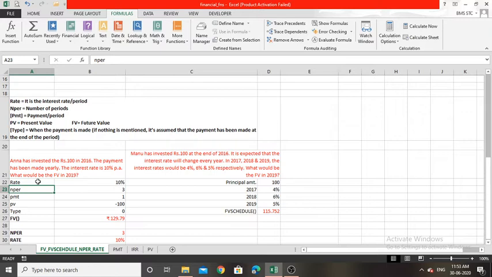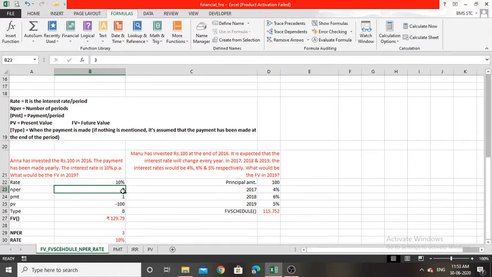NPER as 3. How did we get NPER as 3? Because she made the payment in 2016 and we have to find the future value in 2019. The difference between 2019 and 2016 is 3, so NPER, the number of periods, is 3.